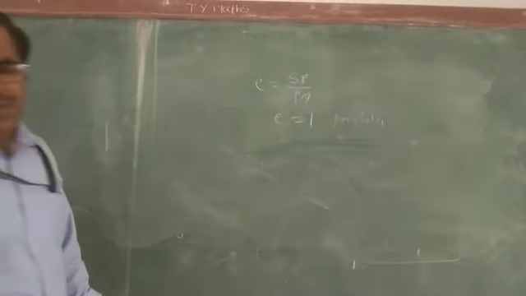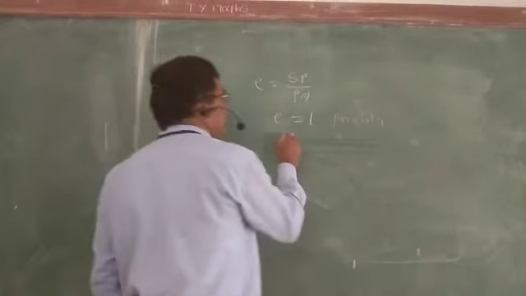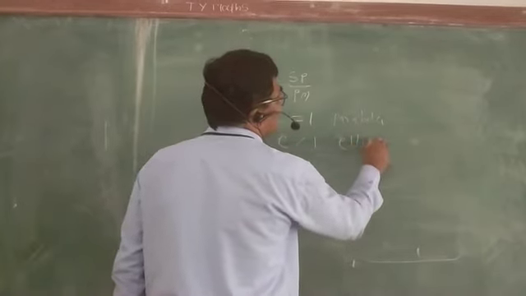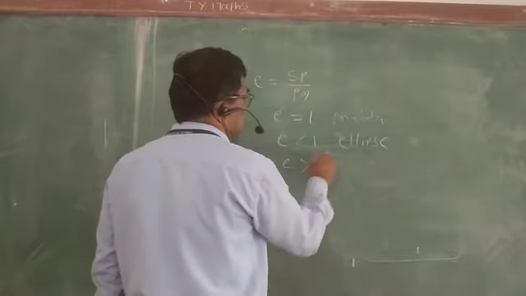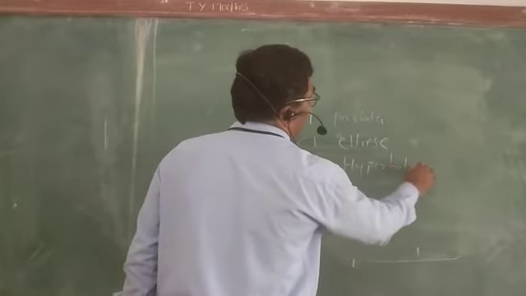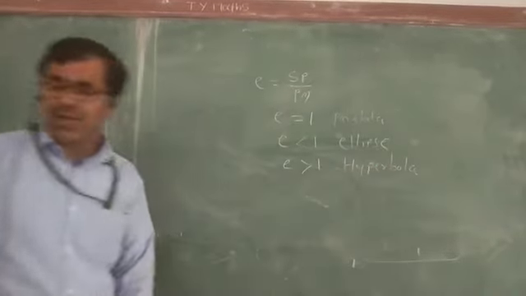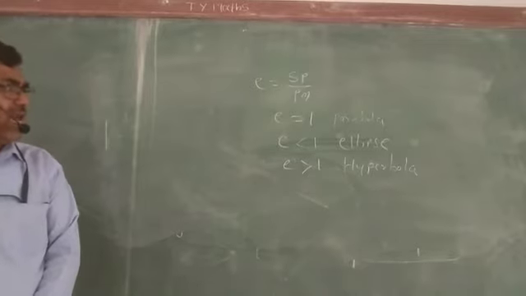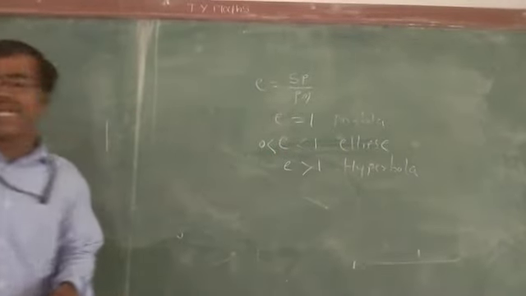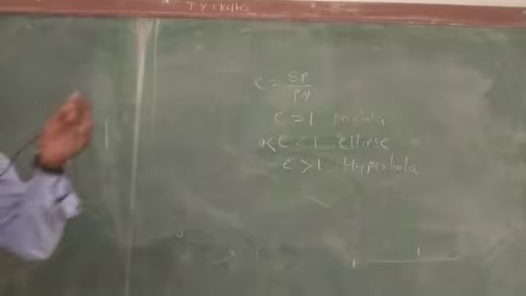If the ratio SP to PM is 1, then parabola. E less than 1, then ellipse. E greater than 1, then hyperbola.